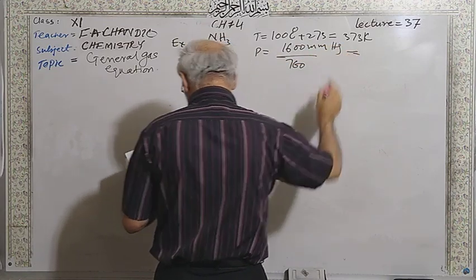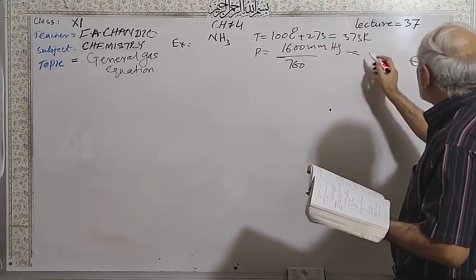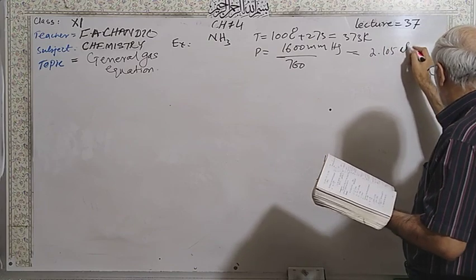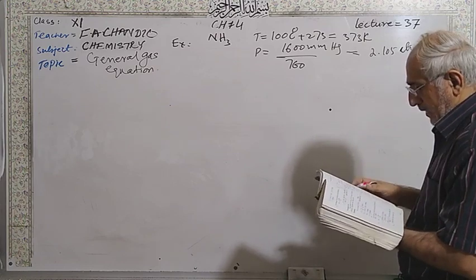You will get it in the form of atmosphere, so this will be 2.105 atmosphere. Pressure is given, temperature is given.